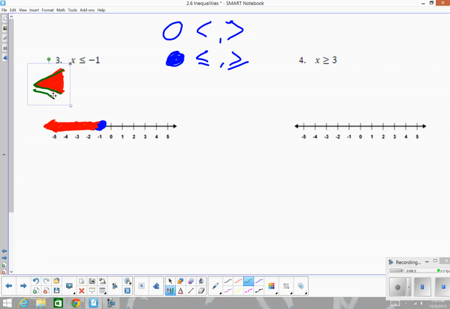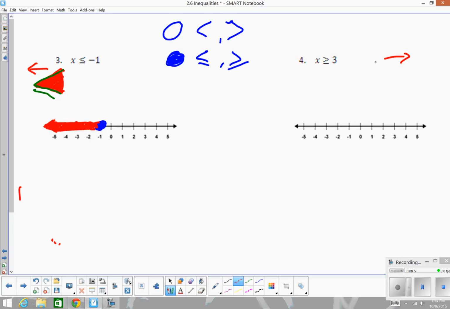Now, what way is that arrowhead pointing? It's pointing to the left. So whatever way that arrowhead's pointing, that's the way you're going to shade. If it's pointing left, you're going to shade left. So in this case, which way is your arrowhead pointing? Right. That's the direction you're going to shade.